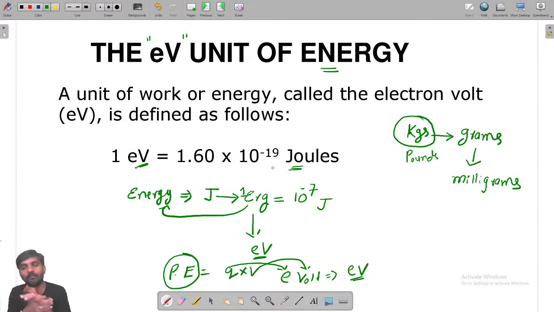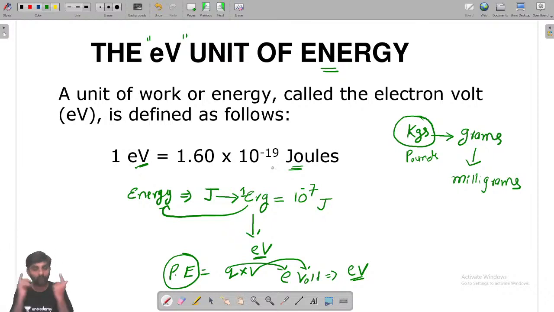As we measure the weight of groceries with kilograms, grams, milligrams, pounds, and we measure distances with feet, centimeters or meters, similarly we have another unit for energy, called the electron volt.